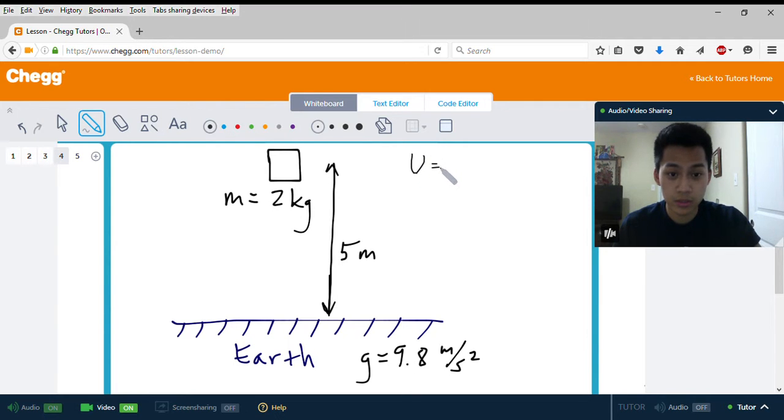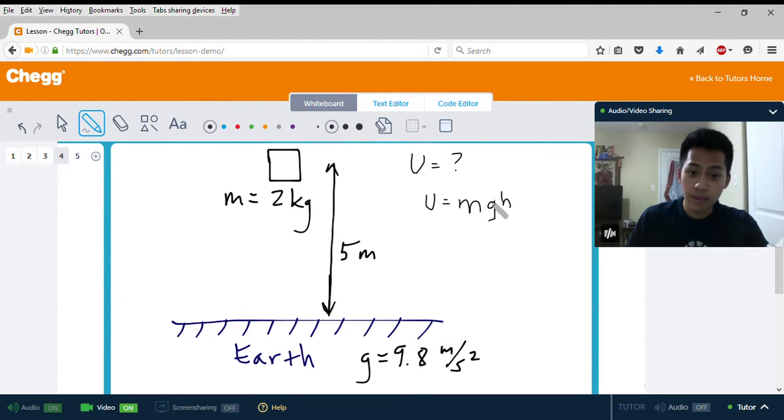So what is U? From that equation, we had U is equal to mgh. Excuse my handwriting. And we have all of these variables here.